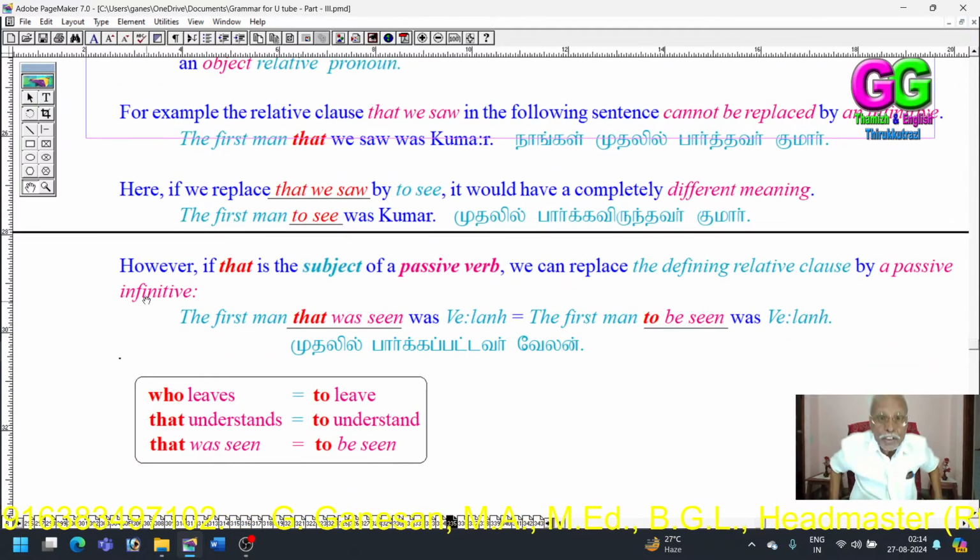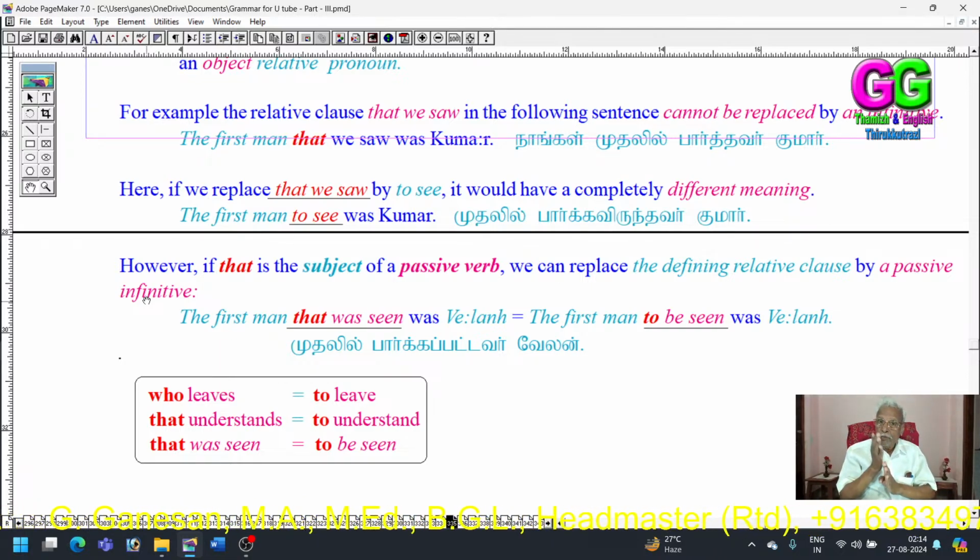See, and there are also some exceptions. However, if "that" is the subject of a passive verb, if the passive voice is used after "that", there we can replace the relative clause using an infinitive.